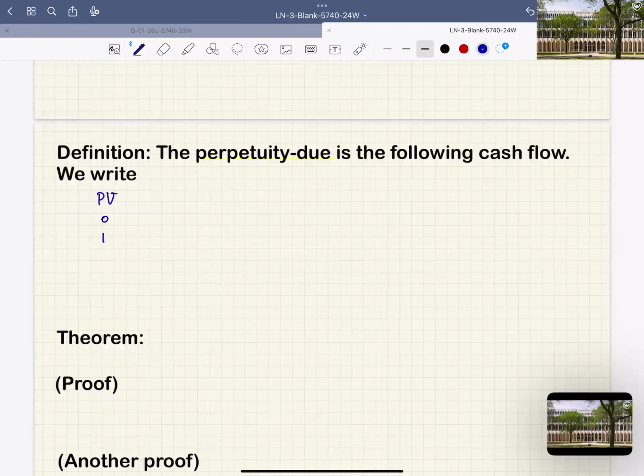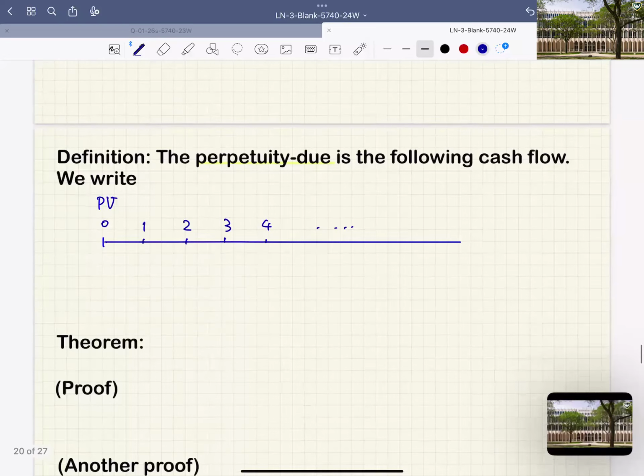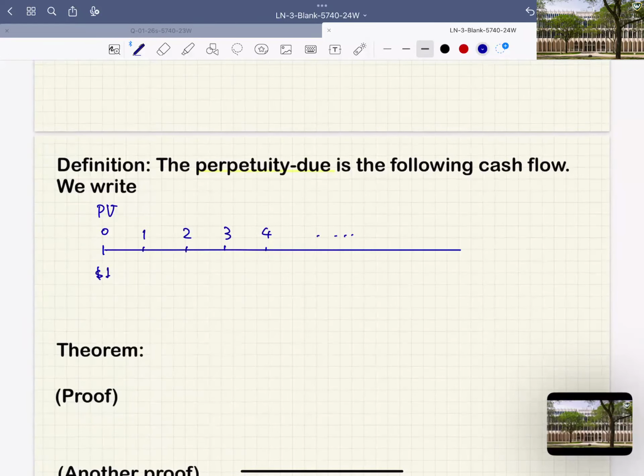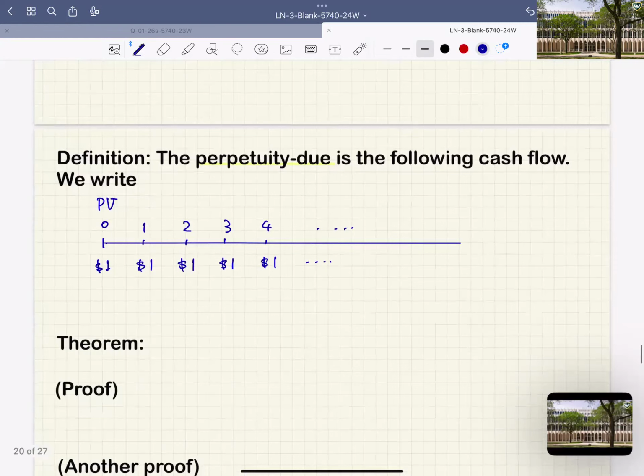In definition, the perpetuity due is the cash flow of $1 each, but starting at t equals 0. So if we have t equals 0, 1, 2, 3, 4, and so on, then we have a $1 payment at t equals 0, 1, 2, 3, 4, and so on. So this is perpetuity due.